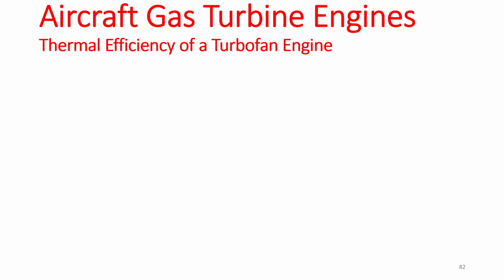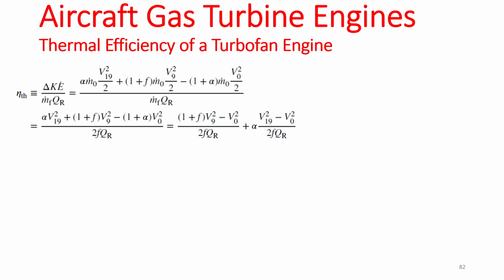You're essentially going to have one extra stage, the V19 squared divided by 2 multiplied by the m dot of the fan, which is alpha m dot naught. So these two parts are your kinetic energy at the exhaust, and you have the kinetic energy at the inlet, divided by the total heating value, the total heat input that is there because of the fuel.